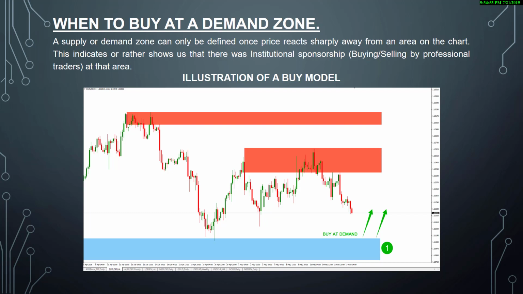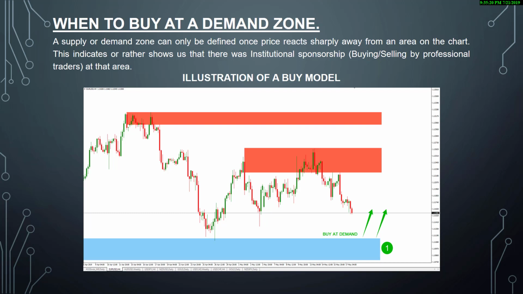A supply or a demand zone can only be defined once price reacts sharply away from an area on the chart. This shows us that there was institutional sponsorship, meaning there was a buying or a selling by professional traders in that area which price would have rallied away from.